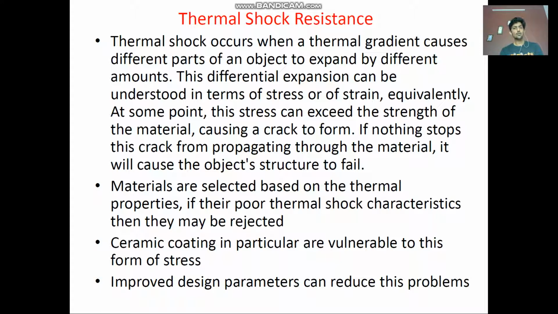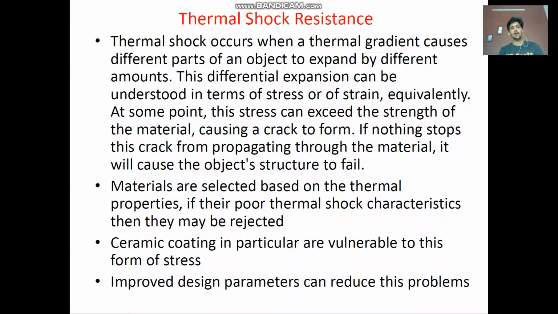Now what we need to take care of for this issue is the material we select. If the material has good resistance to certain kinds of thermal loads or thermal shock, then it will have a good life as well as better performance. So materials are selected based on thermal properties. If they have poor thermal characteristics, the material is rejected.